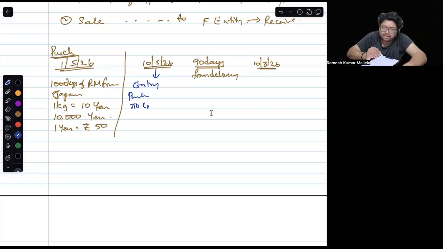By the day on 10th May, when I received that order, 1 yen has become 55 rupees. Now I will write this order. What will I write is the question. Come on, you should help me now.